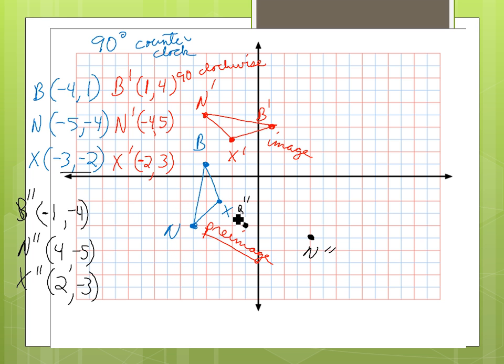Ooh, that can't be right. No. 2, -3 is gonna come out here. I'm going the wrong way. Not counting right. That's gonna be x double prime.